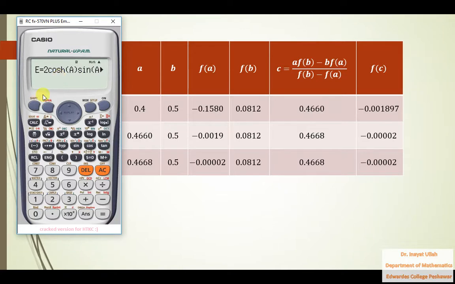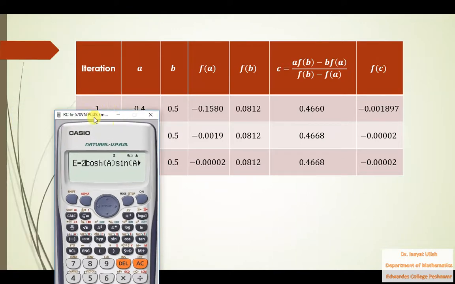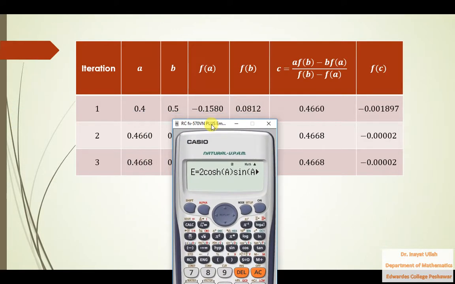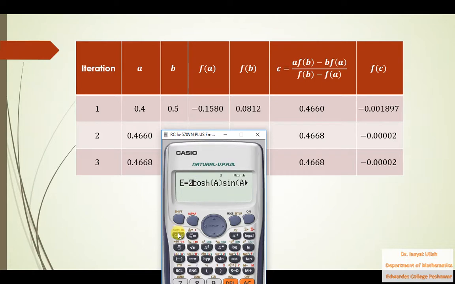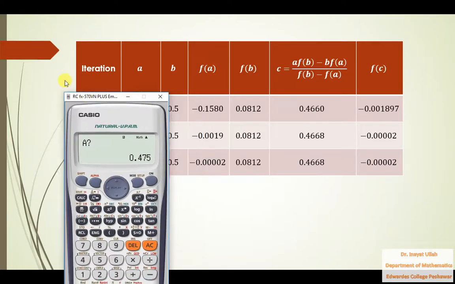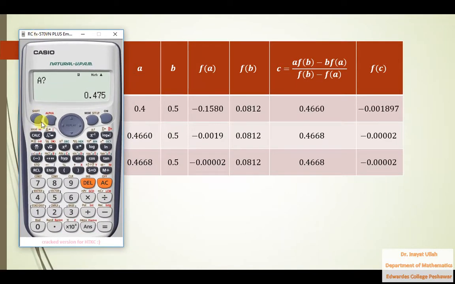So we need to press this calc button. The calculator will ask you about the value of a. So a in this case is 0.4, so right here 0.4 equals to, asking about b is 0.5, so 0.5 equals to.